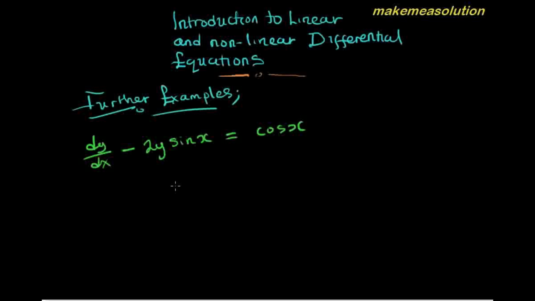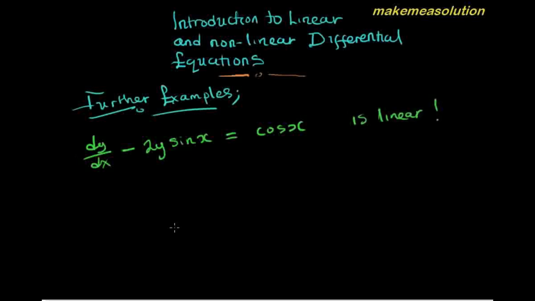Assuming I had something like this and I ask you what kind of differential equation this is, definitely you can categorize it as linear, because all of those criteria are satisfied. We have the derivative term having a power of 1. The dependent variable, which in this case is y, also has a power of 1, and of course there are no sines or cosines or tangents or logarithms of the dependent variable, so this particular one is linear.